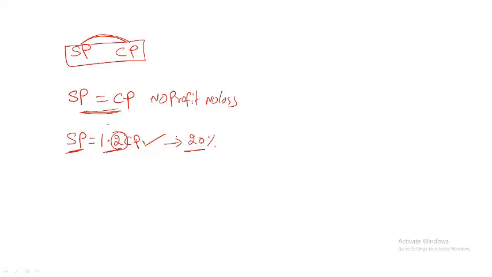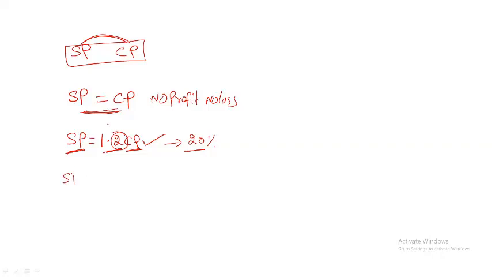And you should know how to frame the relation between selling price and cost price when you know the profit or loss percentage. Okay, if you understand this, you can write within fractions of seconds the relation between selling price and cost price if you know the profit percentage or loss percentage. Now very simple.